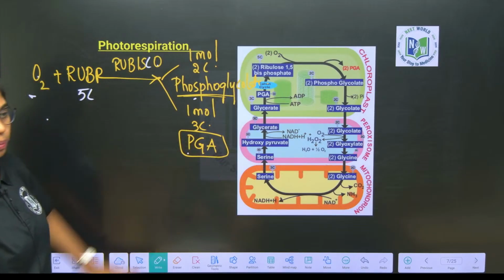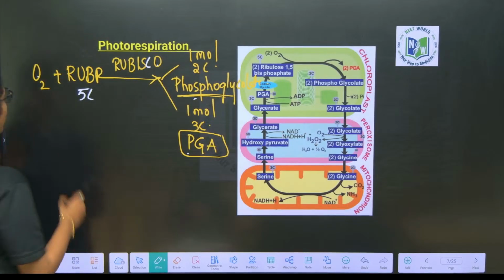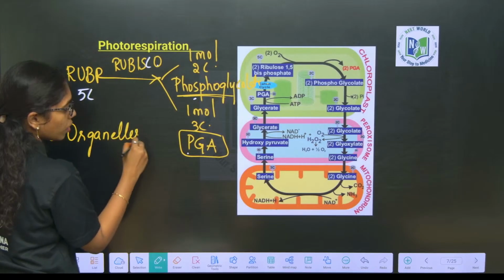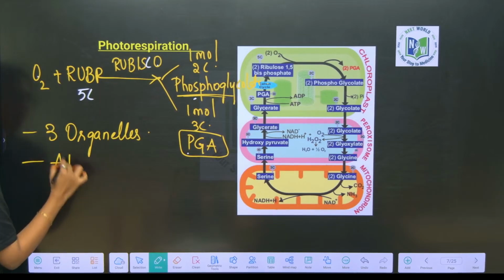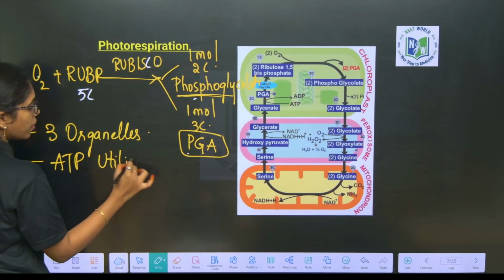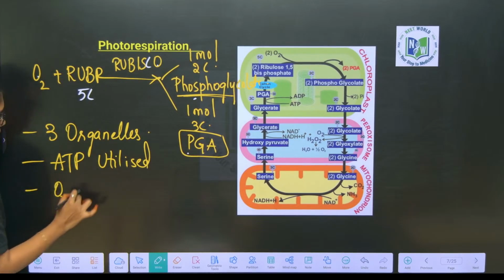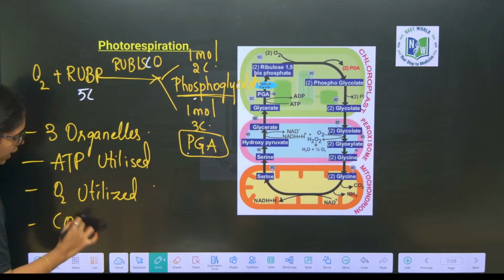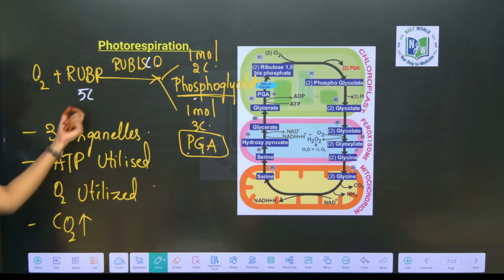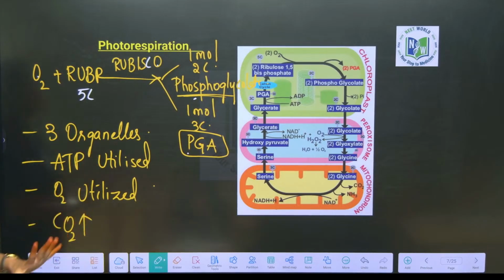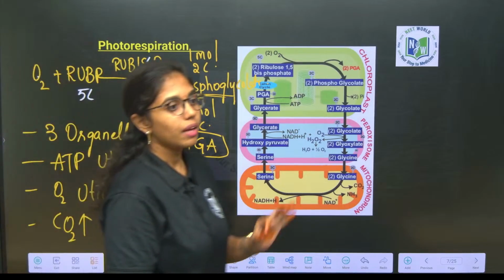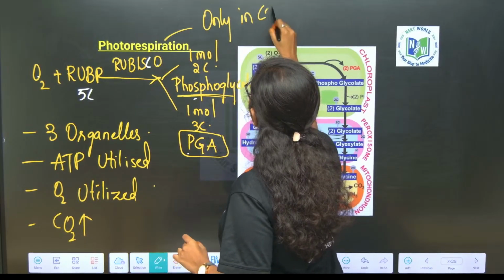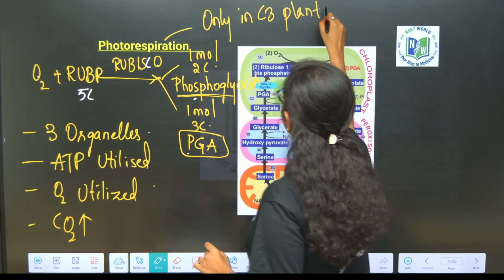To generate one more PGA, it has to travel across 3 organelles, ATP is utilized, oxygen is utilized, and carbon dioxide is released. As this whole process is happening, it is said to be a wasteful process, which takes place only in C3 plants, that is temperate plants.